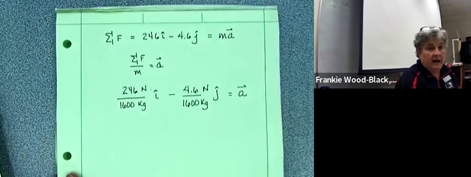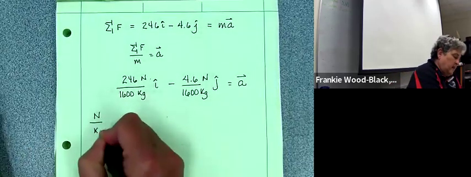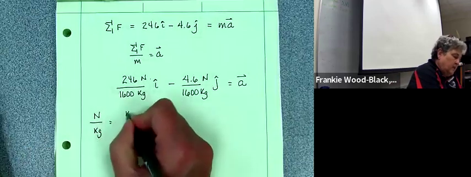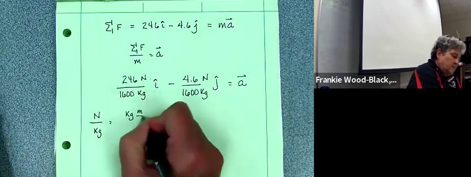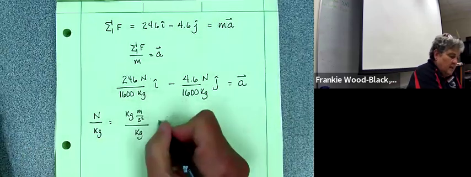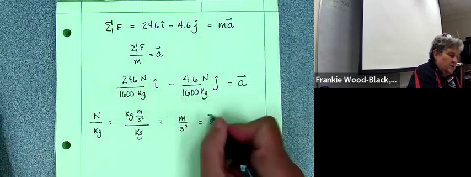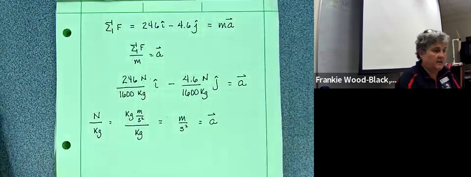Let's do the unit analysis first. Newtons divided by kilograms is equal to a kilogram meter per second squared divided by kilograms. And that just gives me meters per second squared, which is an acceleration. So I've done everything correctly.